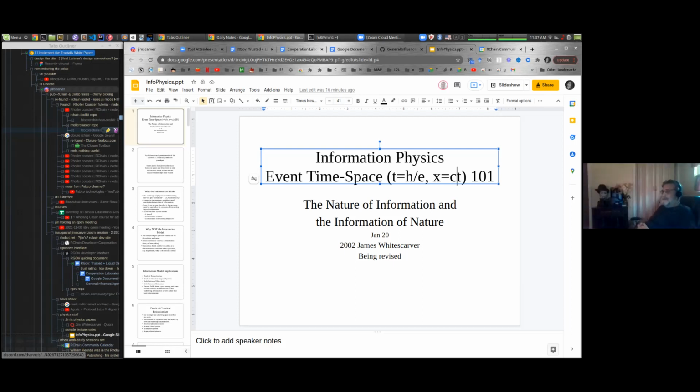Well, in first approximation, the universe is a hypersphere, where every point is at the center. What's a hypersphere? It's a four-dimensional sphere.